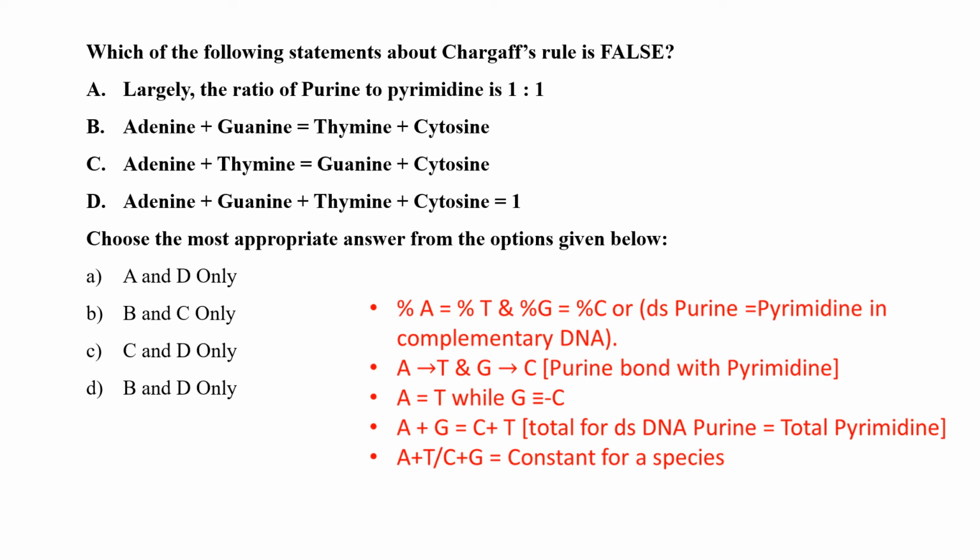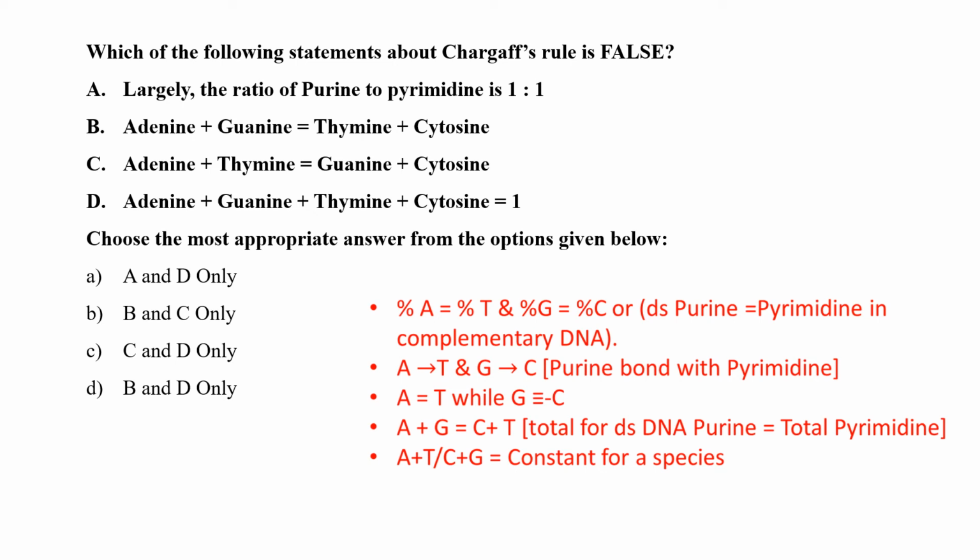Now we know that Chargaff's rules are the major benchmark rules which are used to study nucleic acid distribution in DNA strings. Some of the common adaptations of Chargaff's rule for a double-stranded DNA are these. Here you can see that percentage of A is equal to T and percentage of G is equal to C. Purine bonds with pyrimidine always.